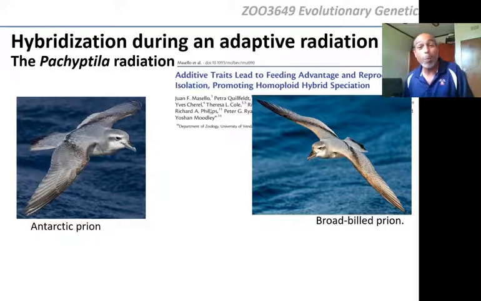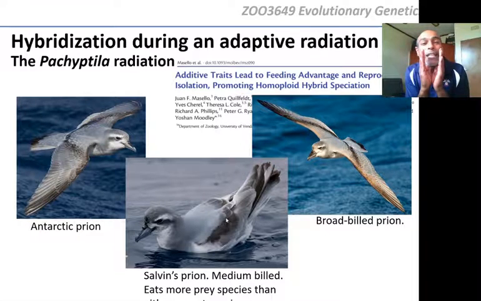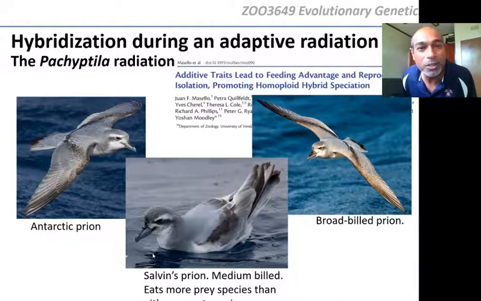But what happens when you have the Salvin's prion? Salvin's prion, look at the size of its bill. The Salvin's prion's bill is not wide and it's not narrow. It's medium. It's between the two. And with the Salvin's prion, what do you think its bill allows it to eat?